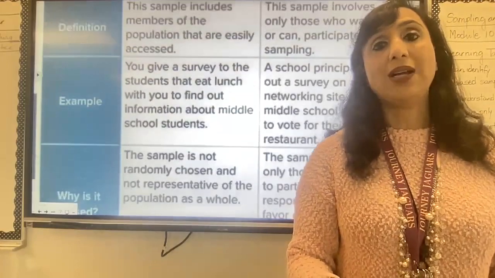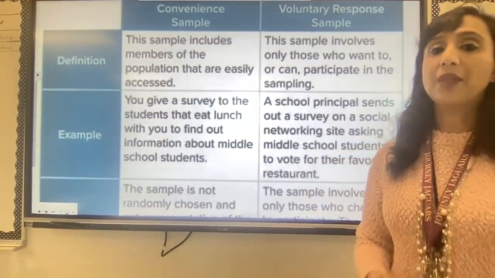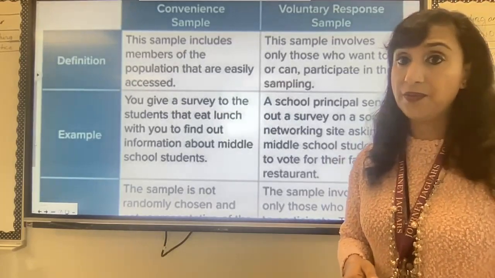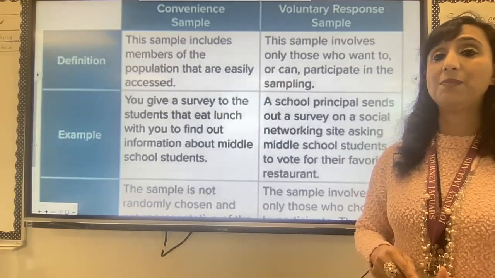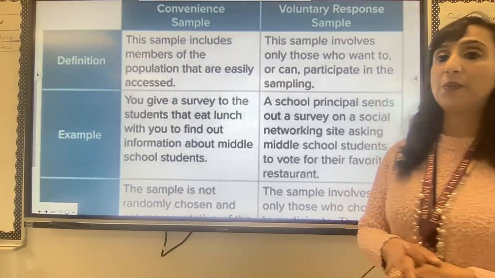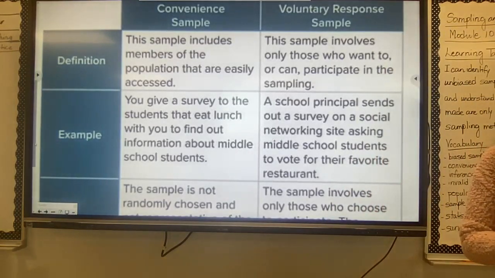Now let's look at the other one, which is the voluntary response sample. This sample involves only those who want to or can participate in the sampling. For example, a school principal sends out a survey on a social networking site asking middle school students to vote for their favorite restaurant.